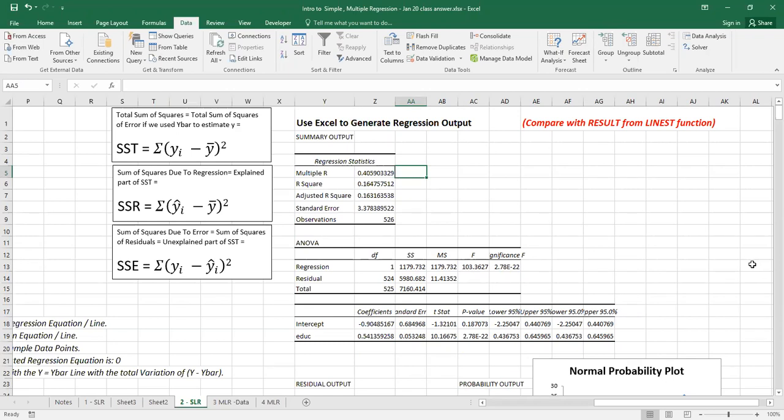We need to understand what is inside this. This is your 0.4, this multiple R. This is your correlation, right? This is your correlation, guys. Okay, that's your correlation. Let's prove it.